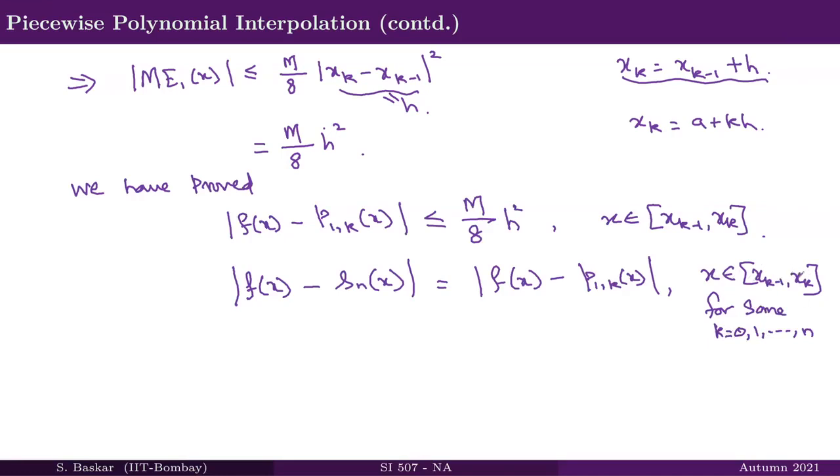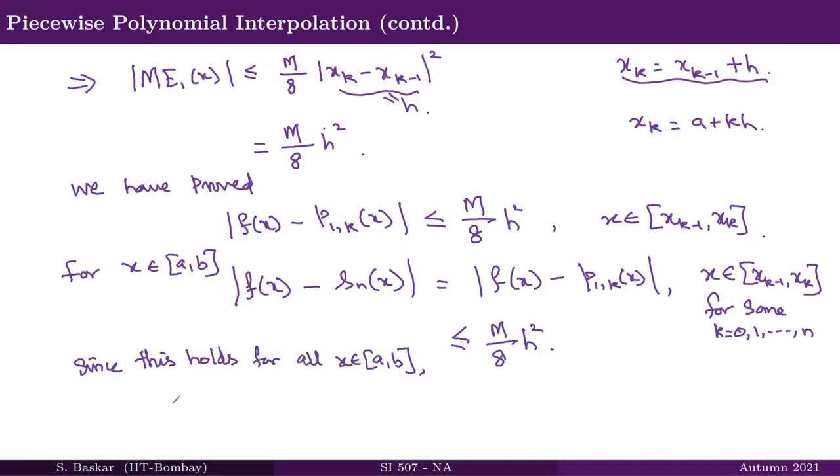Once you find such a k, you can write f of x minus Sn of x as f of x minus p1k of x, right? And that will be less than or equal to M by 8 times h square. Since this holds for all x in the interval [a,b], we can write it as the infinity norm of f minus Sn is less than or equal to M by 8 into h square.